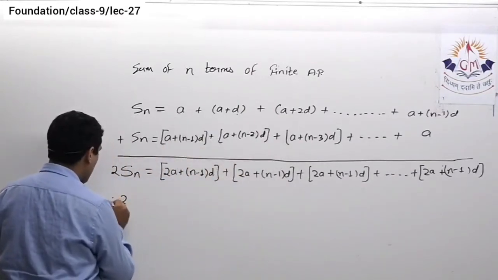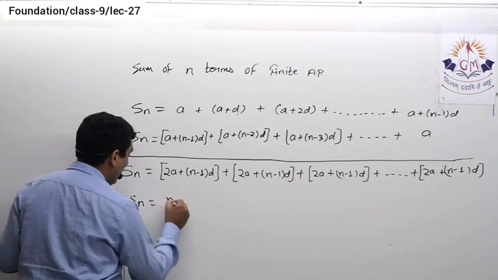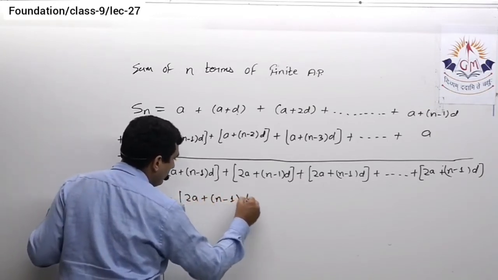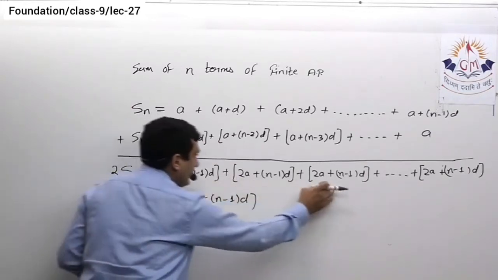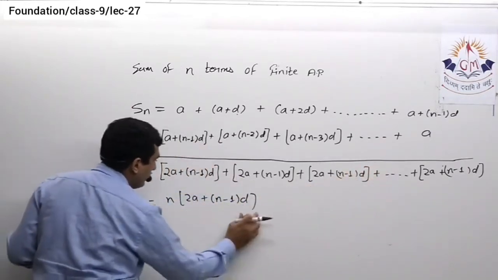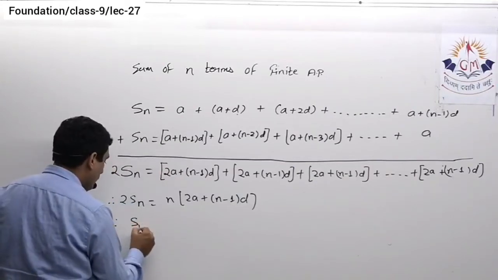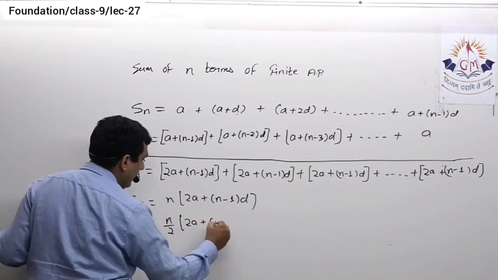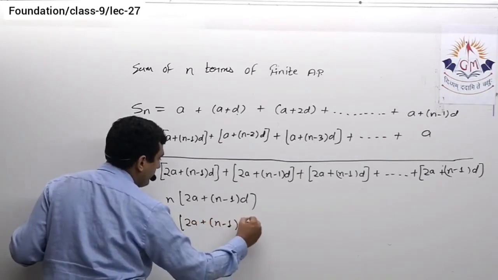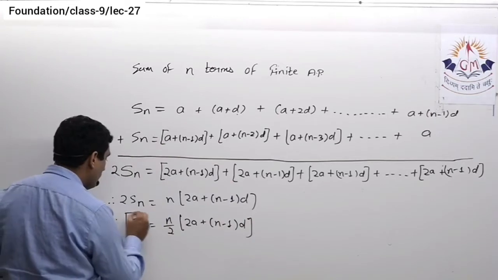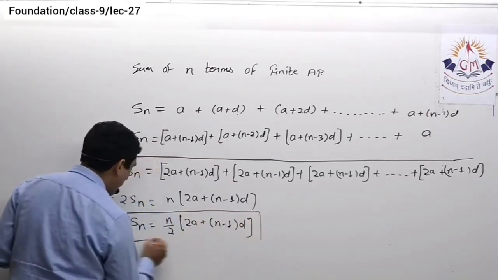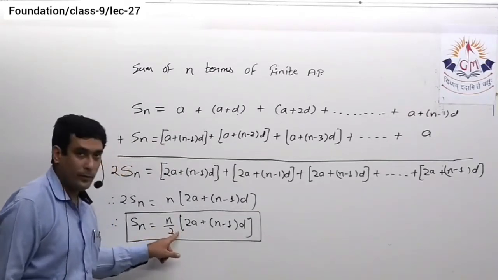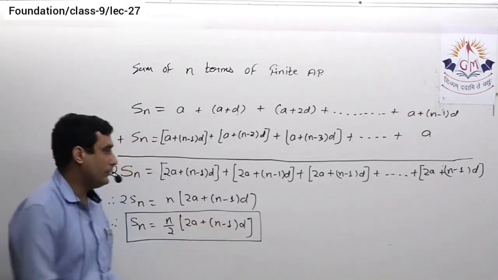So twice of Sn is equal to n into 2A plus n minus 1 into D. So Sn is given by n by 2, 2A plus n minus 1 into D. So this is the formula to find the sum of n terms of an AP.